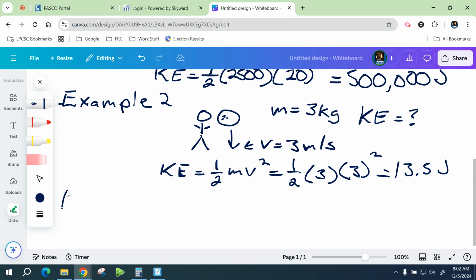Let's do one with potential energy. I have a ledge and I have a marble, and the marble falls off the ledge, and let's assume that it falls straight down, right? But doesn't hit the ledge or anything like that, okay?